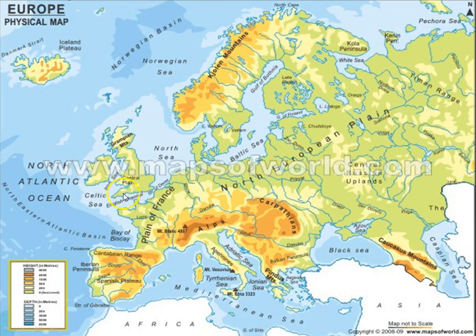Titanic left from England for America, and it is in North Atlantic Ocean where it got capsized. On the northern side you have North Sea, beg your pardon, North Sea is over here. This area is known as Arctic Ocean. Right, this water that you see here is of Arctic Ocean.